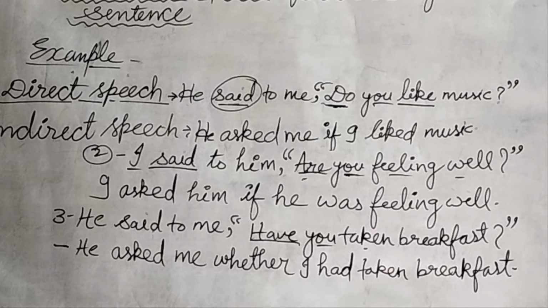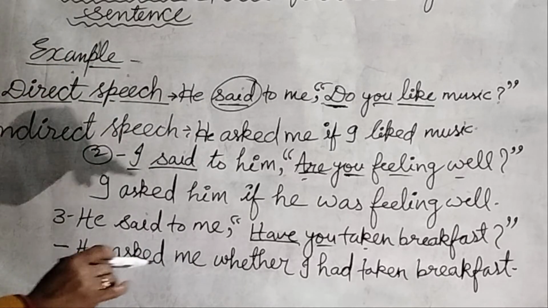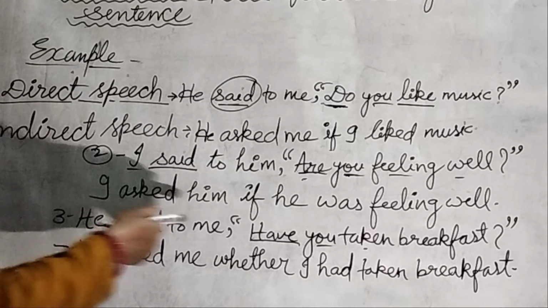Auxiliary verbs are is, am, are, was, were, can, could, shall, may, might, ought to. All these verbs are your auxiliary verbs. Okay. So all of you listen very carefully and keep in your mind all the auxiliary verbs.